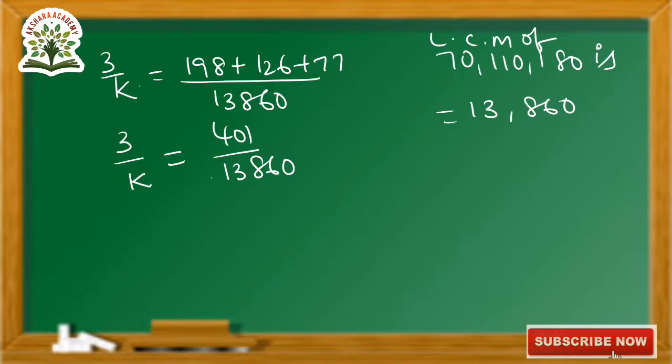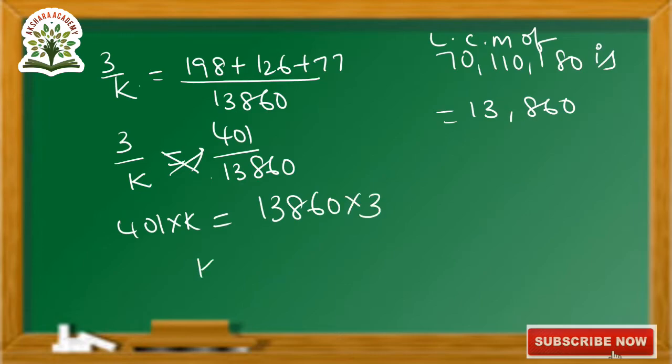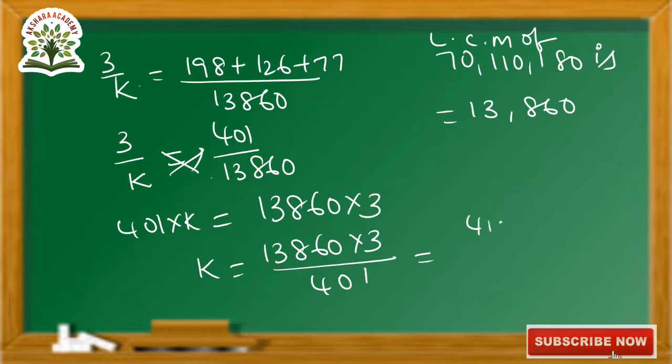By taking cross multiplication, 401 into K is equal to 13,860 into 3. So K is equal to 13,860 into 3 by 401. After multiplication we are getting 41,580 by 401.